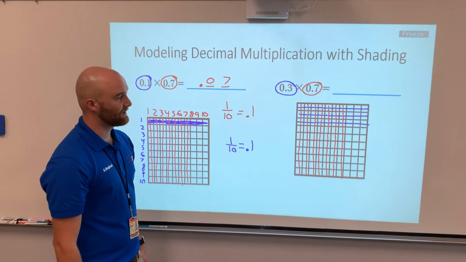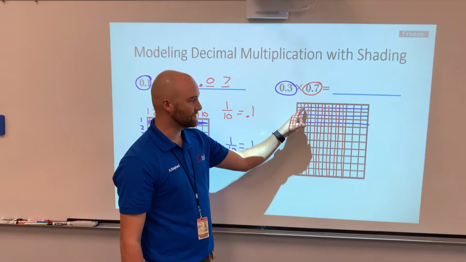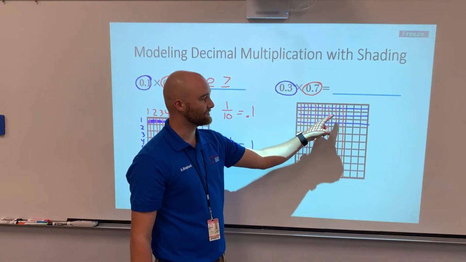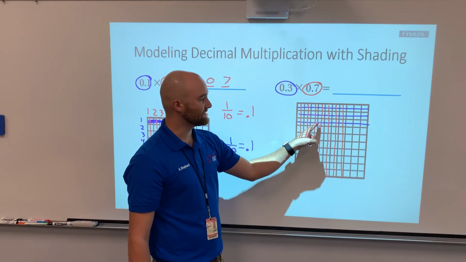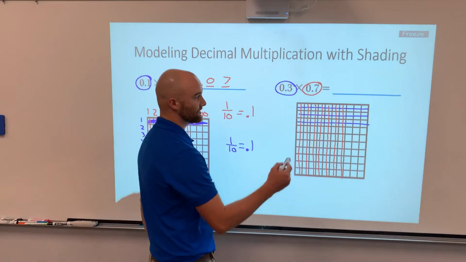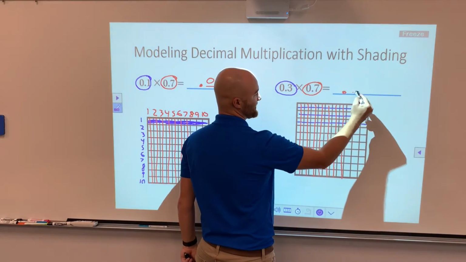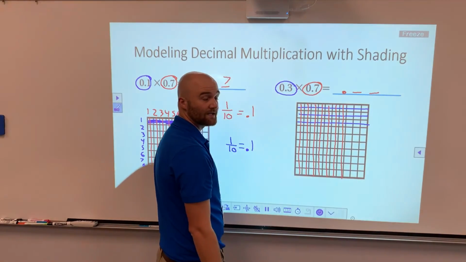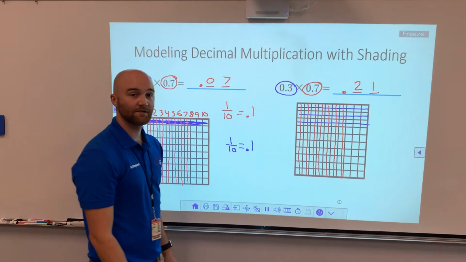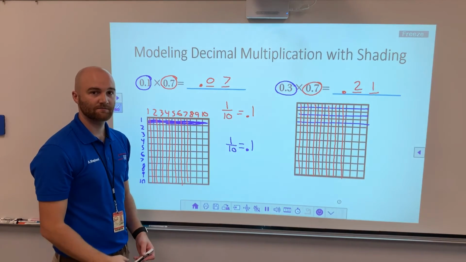So now if I count them up, I can count a total of 1, 2, 3, 4, 5, 6, 7, 8, 9, 10, 11, 12, 13, 14, 15, 16, 17, 18, 19, 20, 21. There are 21 hundredths. So I'm going to find the hundredths place, and I'm going to write in 21, so it ends there. My answer is 21 hundredths.